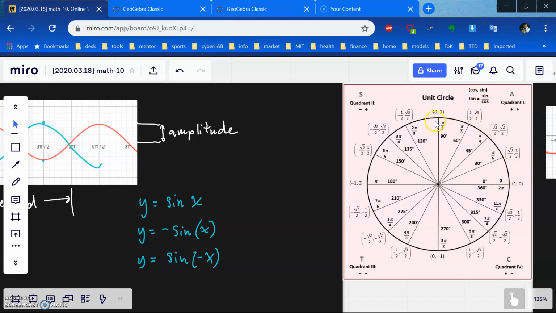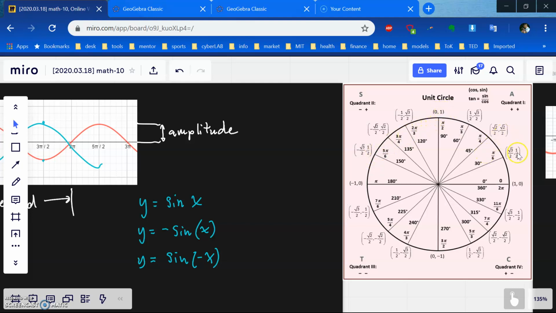So as I go up to here, the y coordinate here, if I go positive, it's 1. But if I go negative, it's -1. If I go positive here, it gets to 0. If I go negative here, it gets to 0. If I go positive 3/4 of the circle, I get to -1. If I go -3/4 of the circle, I get the positive 1.